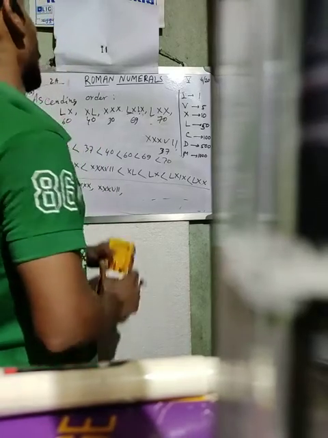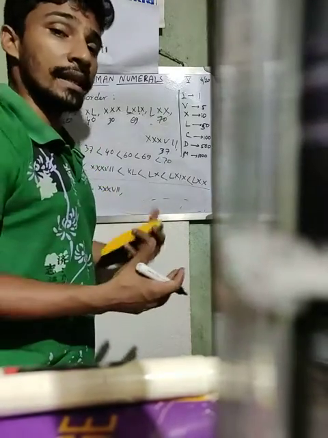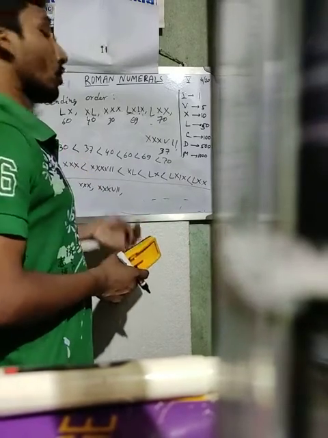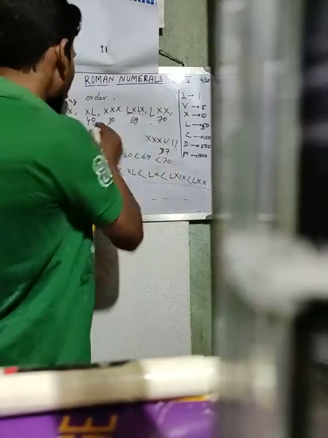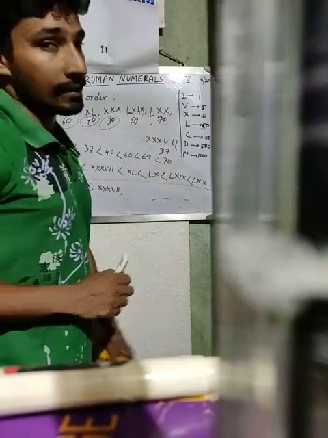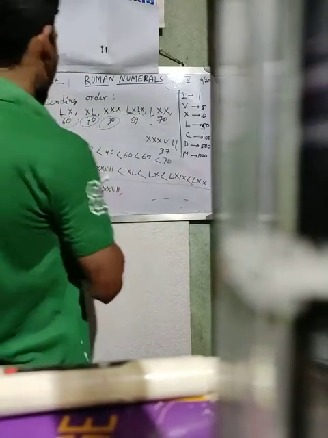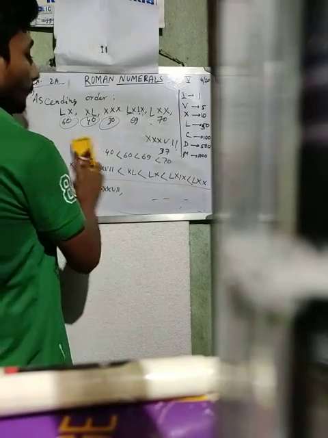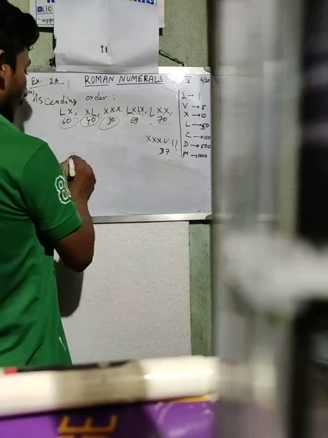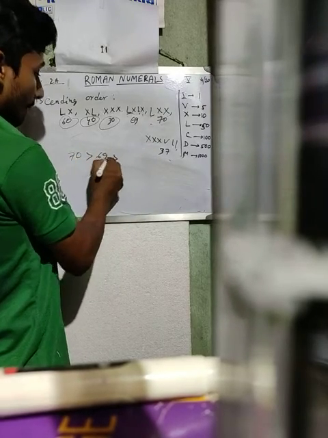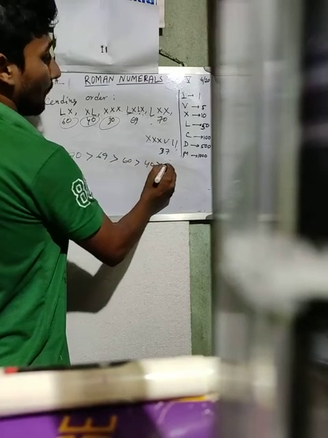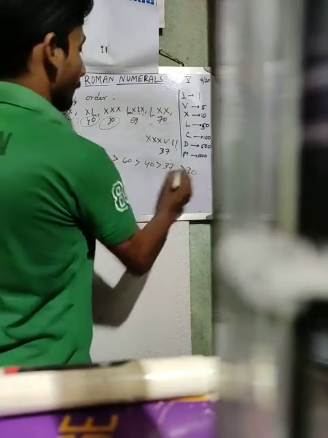Understand? So for ascending order, and similarly for descending order, at first we have to convert the numbers into Hindu Arabic numbers. Then we can easily arrange these numbers. For descending order, it will be reversed. That means 70 greater than 69 greater than 60 greater than 40 greater than 37 greater than 30.